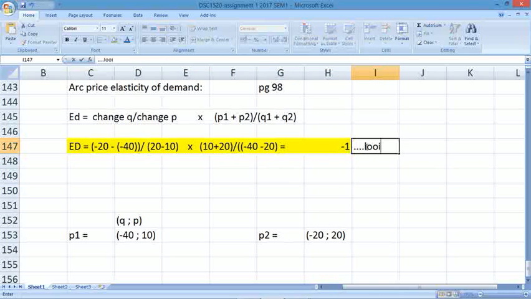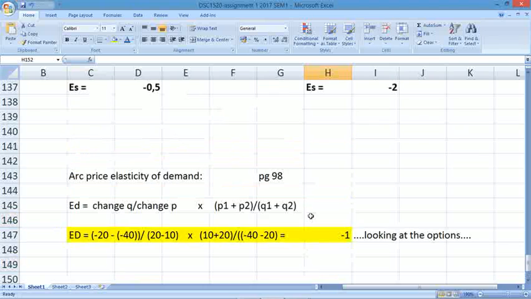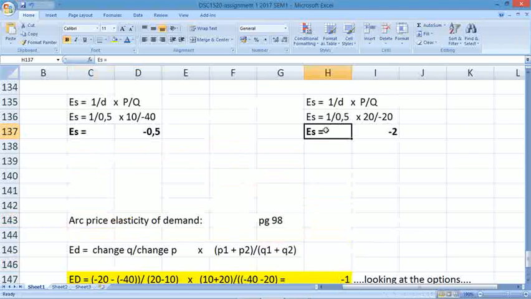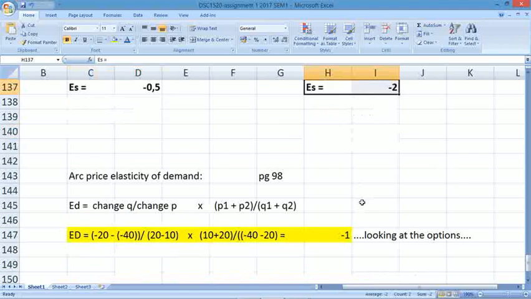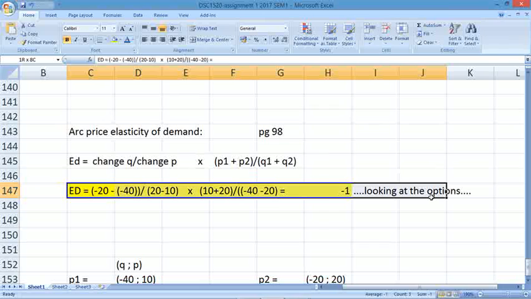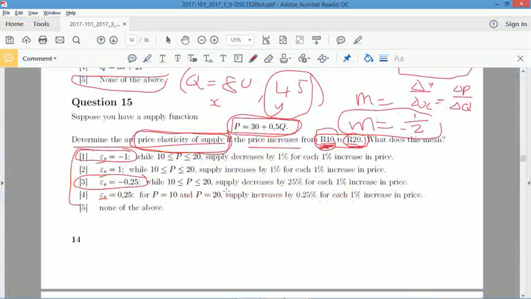So looking at the options, remember ES here was those two options. Here ED is minus 1. So coming back to the question, I'll be going with option 1 here being the correct answer.